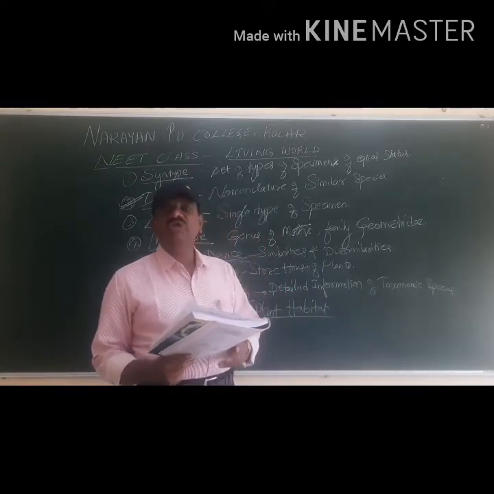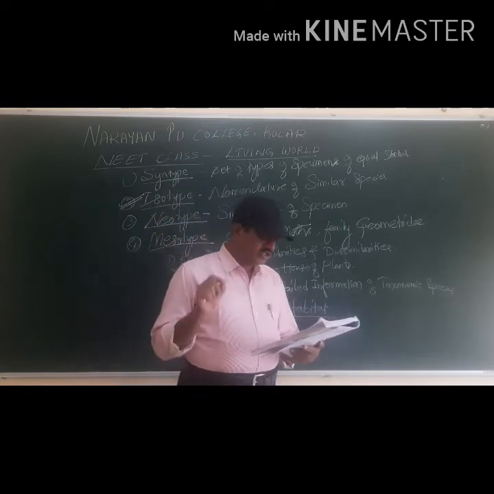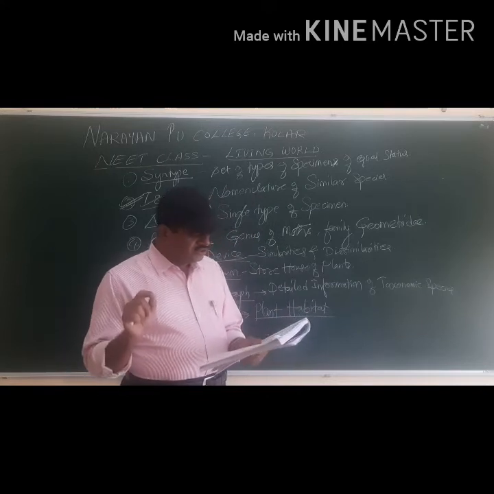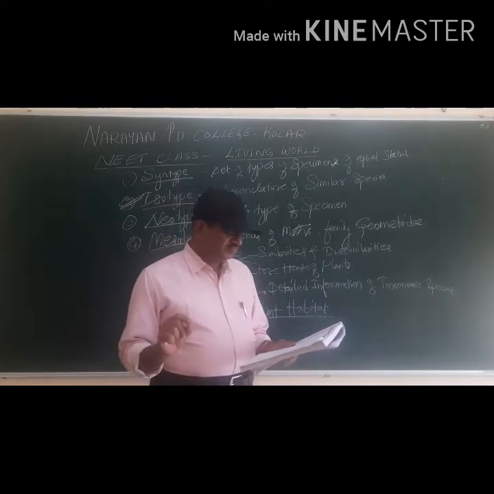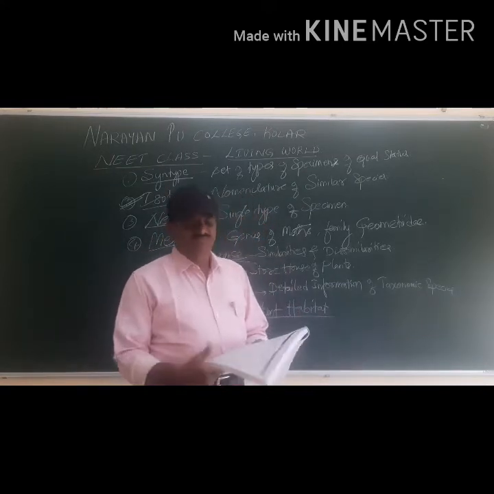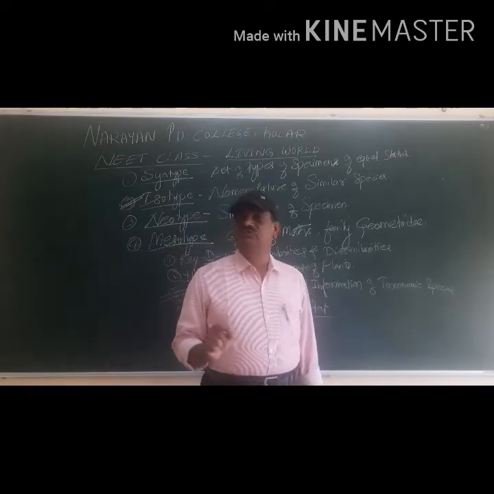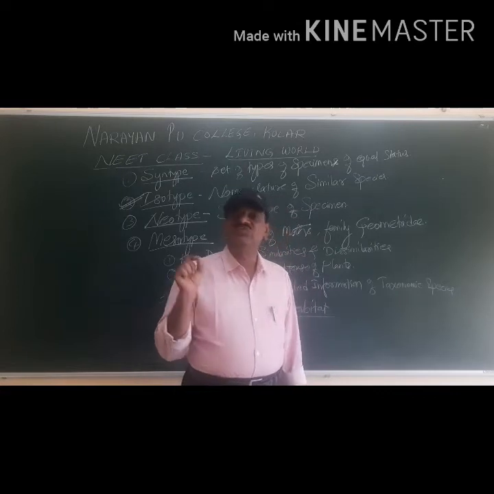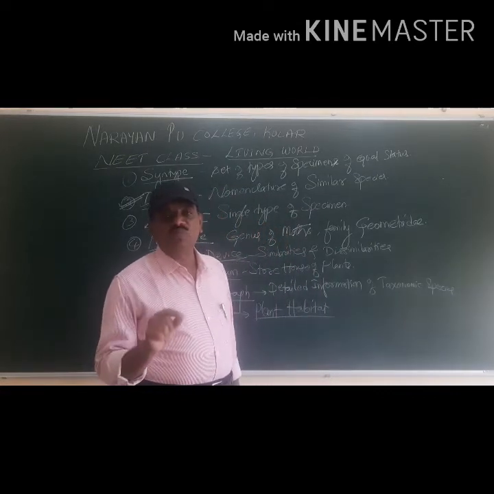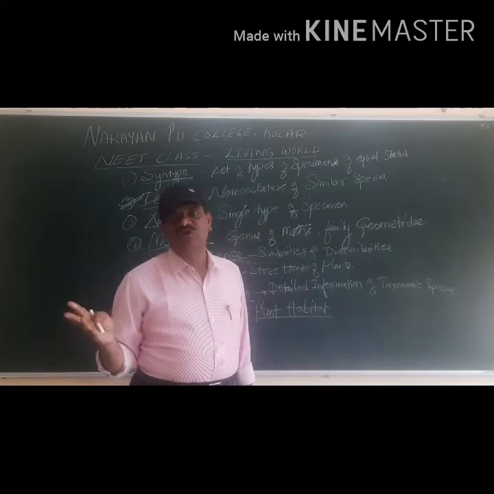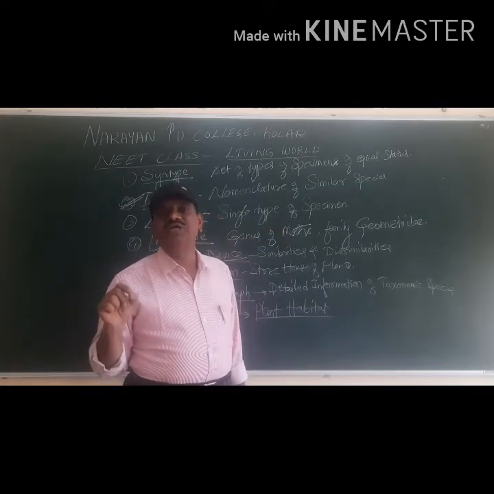Which of the following is correct? Apis indica. In this option, all the words are given in capital letters. According to scientific naming, binomial nomenclature, the first letter should be capital, followed by the species name written in small letters.